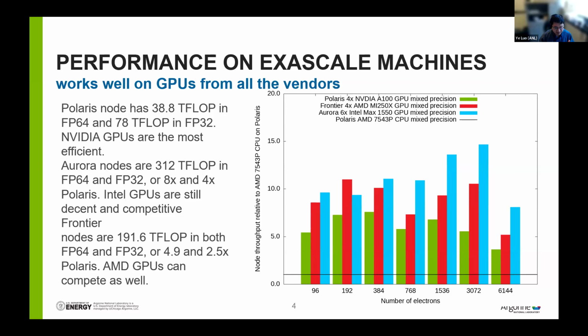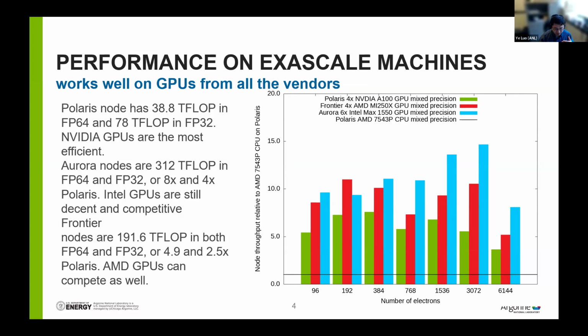On the right side, the figure shows the speedup. The black solid line is 1.0, which means the reference CPU on the LCF Polaris machine. On Polaris, we have the A100 GPUs. That's why with GPU acceleration, the green bar, you see a speedup of around a factor of 5 compared to using only the CPU on the node.